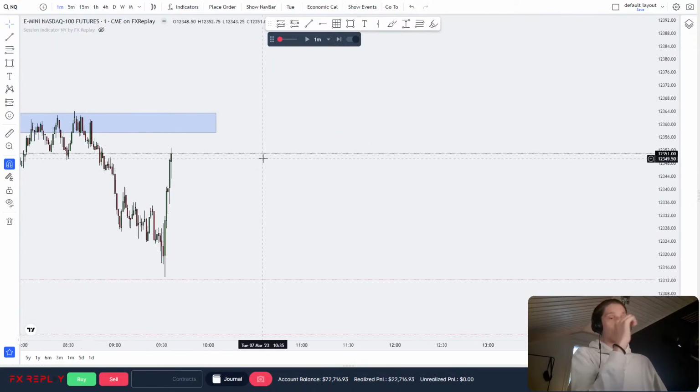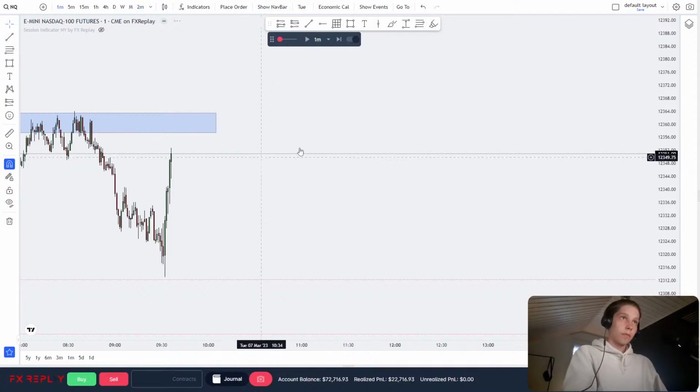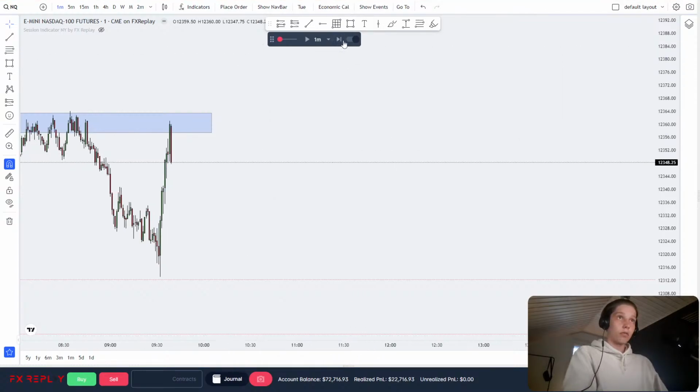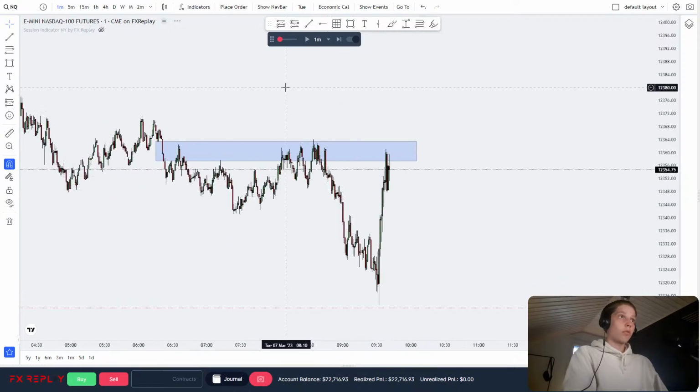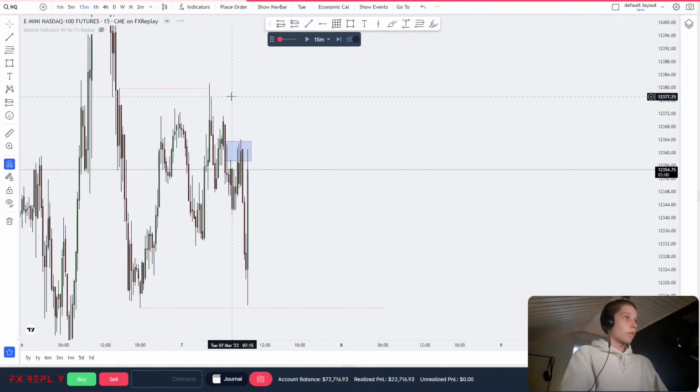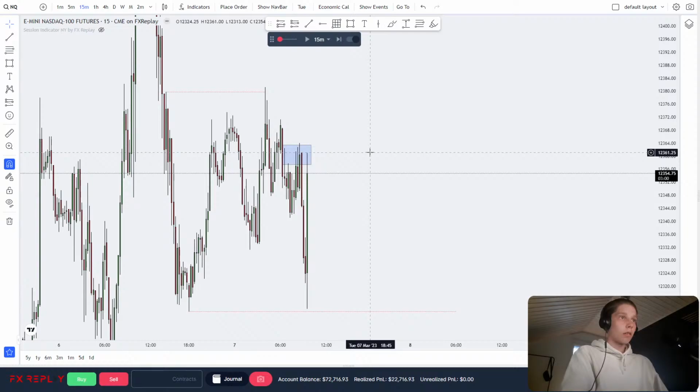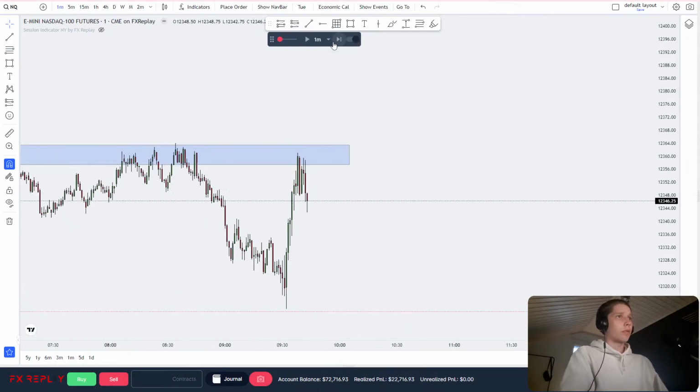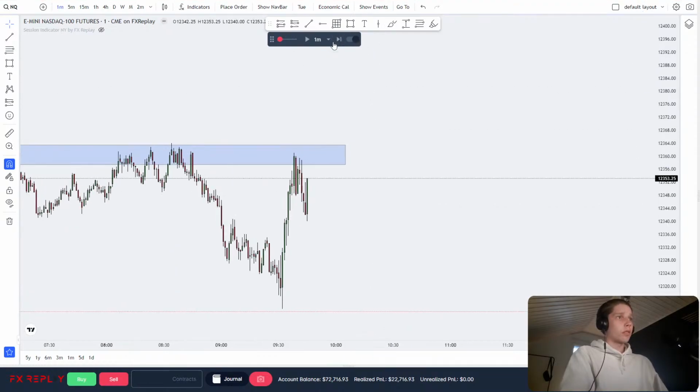Now we just need to see a nice inversion to the downside. I wouldn't even say, well, okay, let's just see what we get. This being respected.